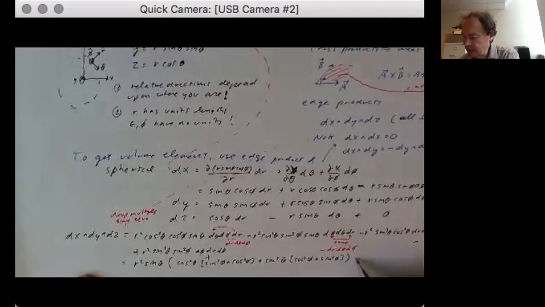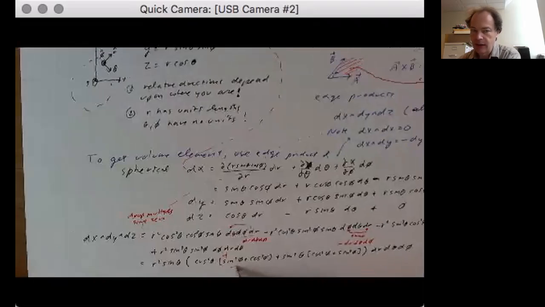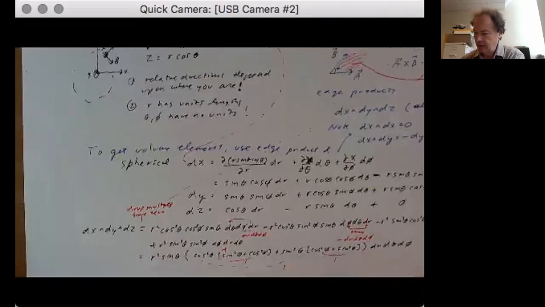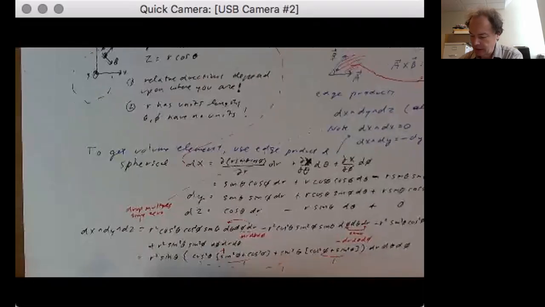And I've made them all dr d theta d phi. Well, that's 1, that's 1, and those both 1. And so this is equal to r squared sine theta dr d theta d phi.